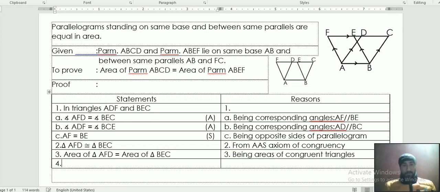Now let's move on to statement 4. What you normally do is add the small trapezium to both of the triangles. But here, instead of adding the trapezium, we take the whole figure ABCF and subtract these two triangles from that figure.